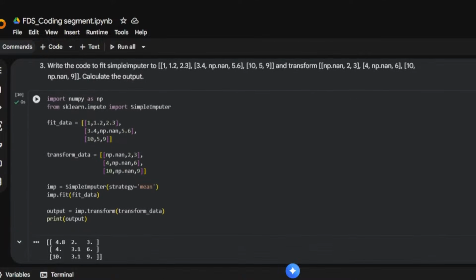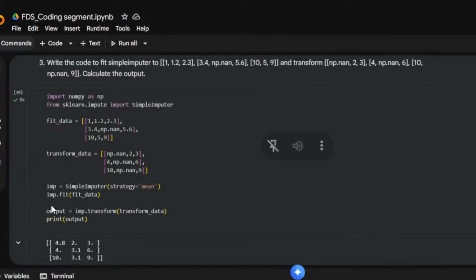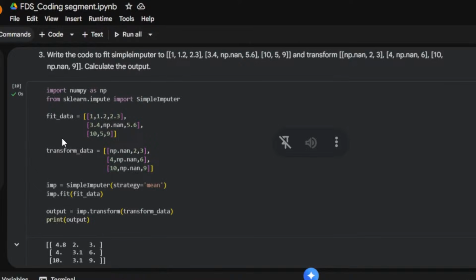Okay, the next question. This is also a similar simple imputer question, but here we are fitting the simple imputer using one data set, and then transforming another data set. In the previous questions we did imputer.fit_transform, but here we are doing imputer.fit, and inside fit you give the fit data.